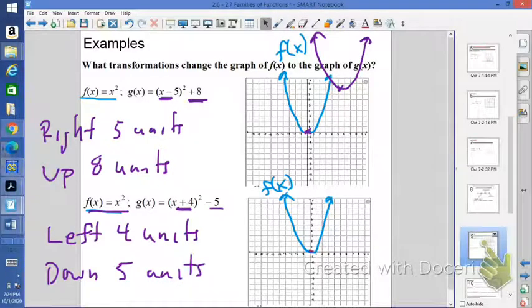So we're going to move the vertex left 4 and then down 5. There's the new vertex, and then you just draw your U. Let me make that; it's hard for me to see. 1, 2, 3, 4: 4 left, and then 5 down.